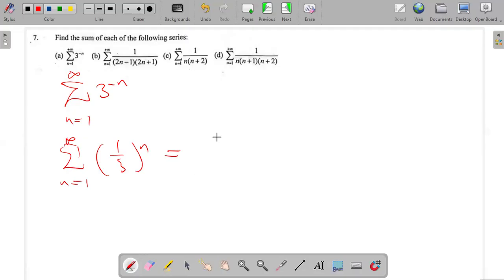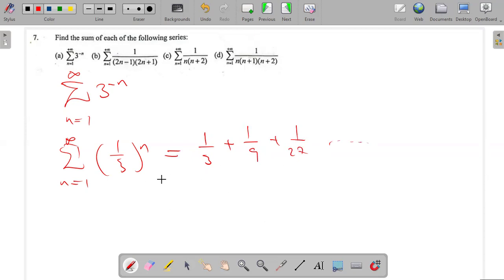As I can see, it's a geometric series, because when I put in 1, I'm starting from 1, I get 1 over 3. The next one is going to be 1 over 9, 1 over 27, just like that.